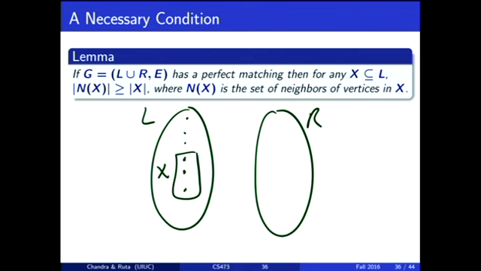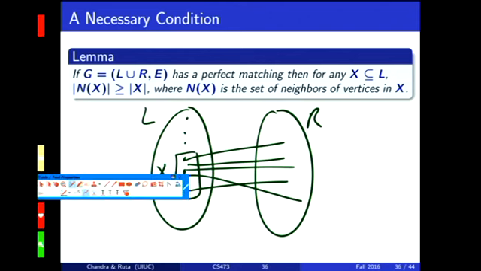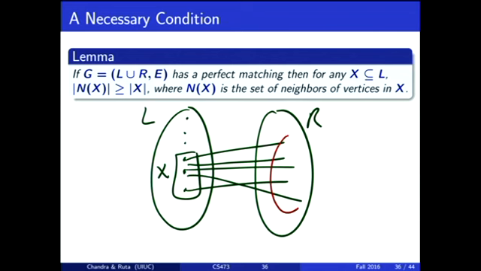All the guys on the right-hand side which have an edge from X. I look at everybody that they have edges to. This is the neighborhood of X, let's call this N of X.